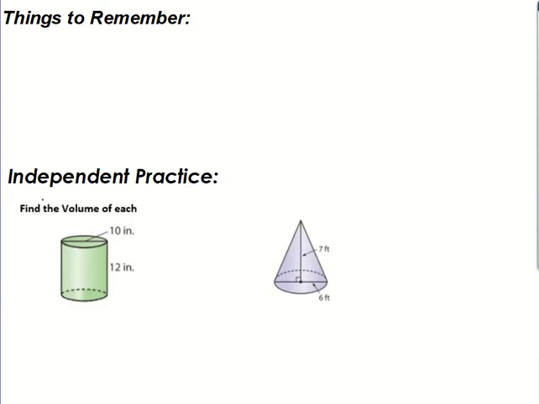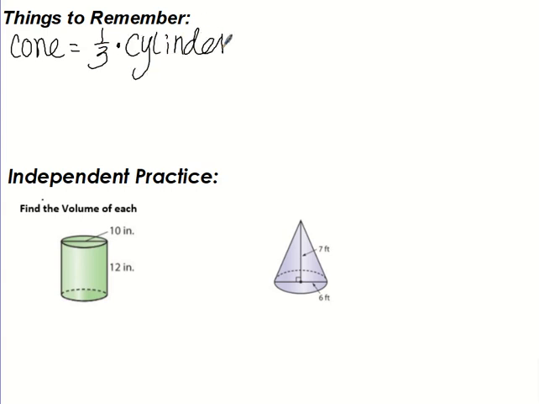Put your questions. All right, so things to remember. The cone equals 1/3 of a cylinder. Okay, remember the diameter is half of the diameter is the radius, you have to have the radius.